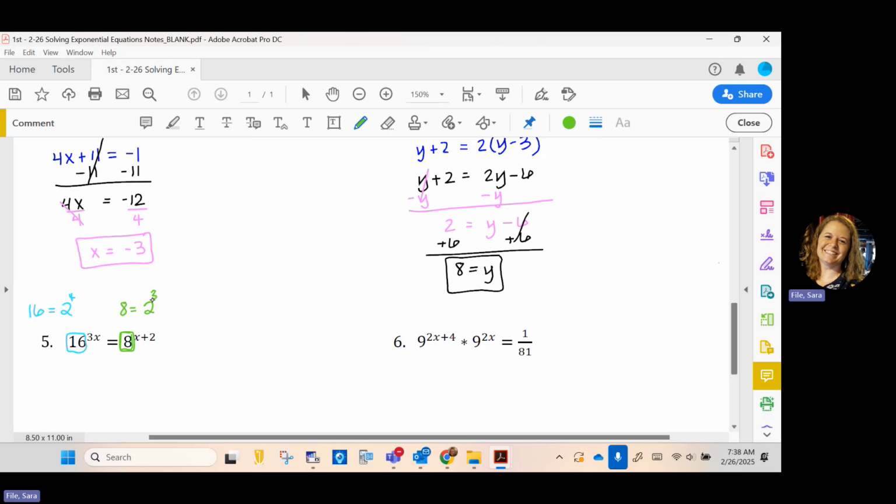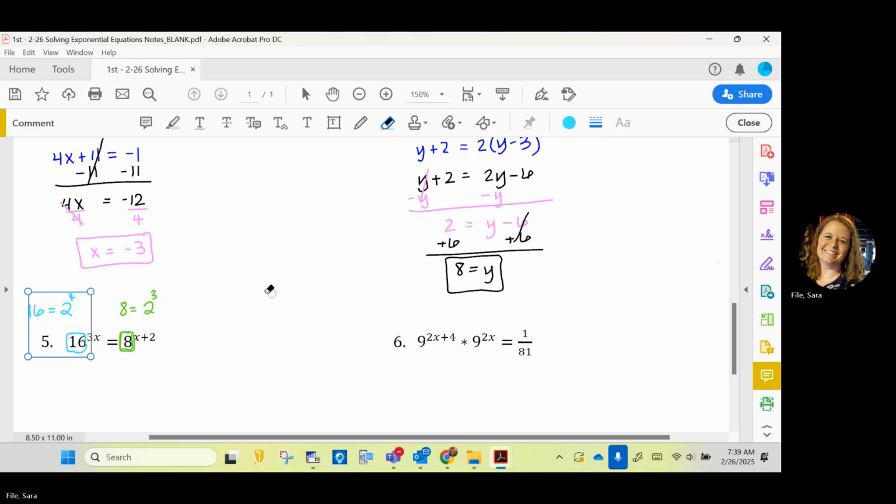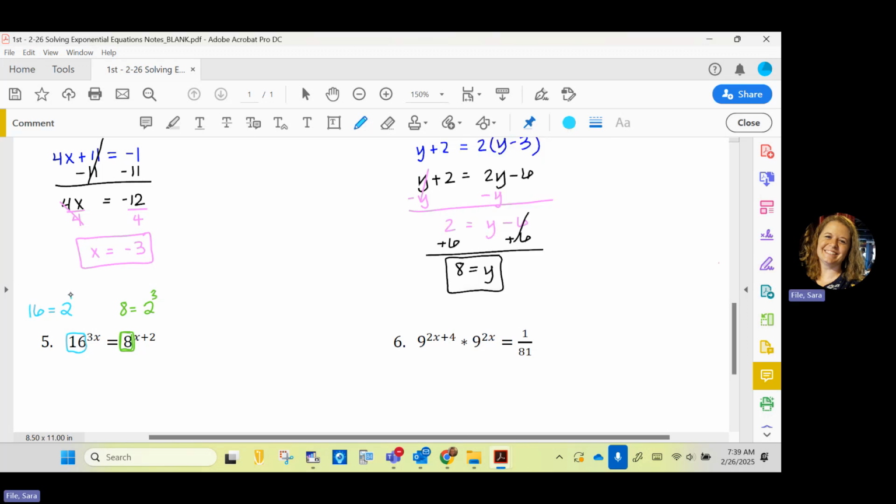So I can rewrite both of these as a base 2, and I'm actually going to rewrite this 4. It's kind of hard to read.